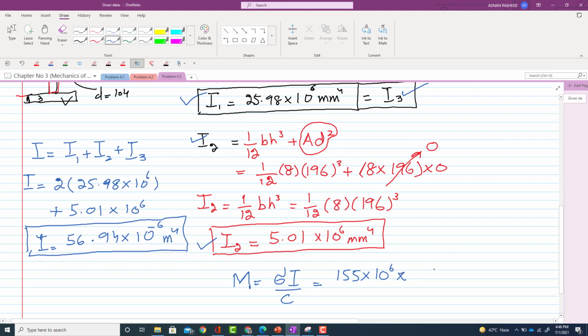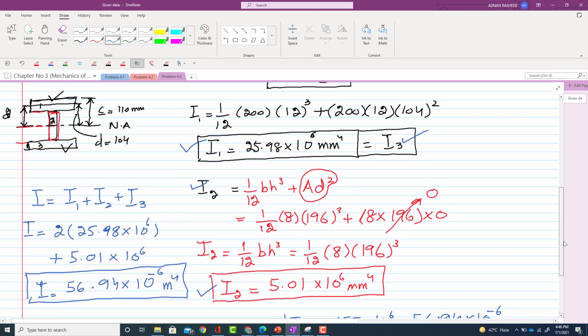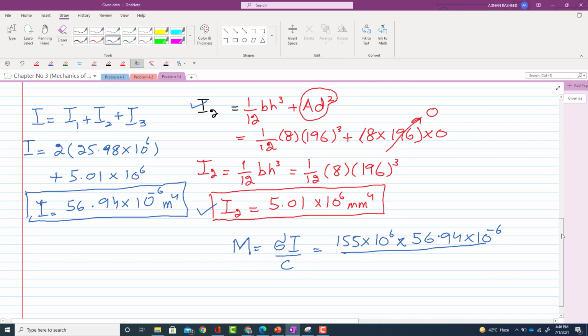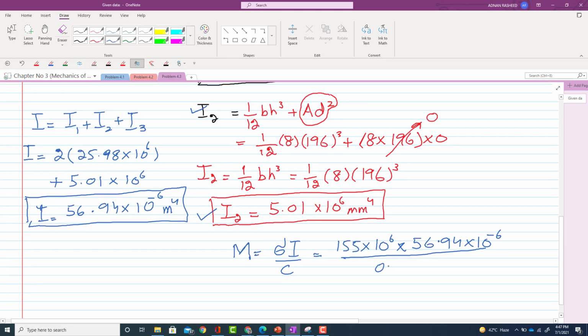I is also given, 56.94 into 10 raised to power minus 6, divided by C, the distance from the neutral axis to the topmost, which is 110 millimeter. We will convert it into meter, which will be 0.110. If you calculate this, the value of moment comes out to be 80.2 into 10 raised to power 3 Newton meter.